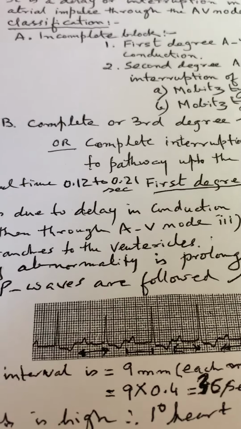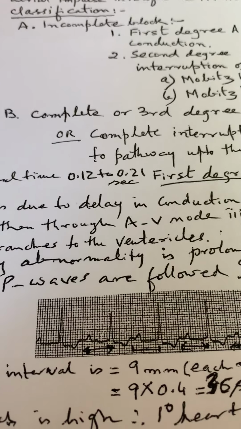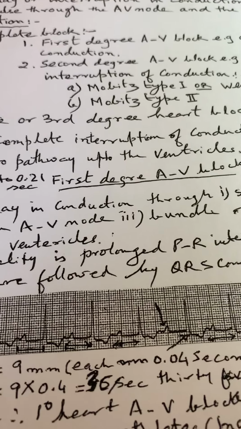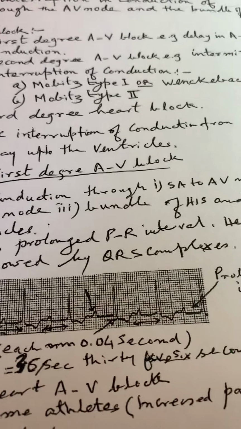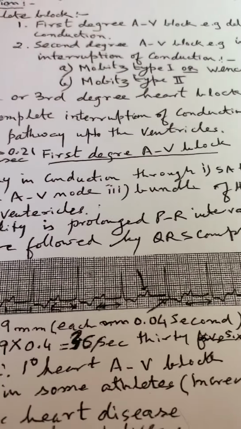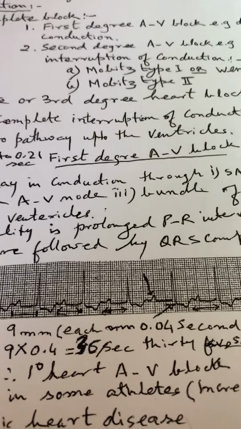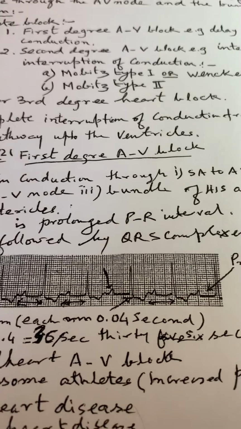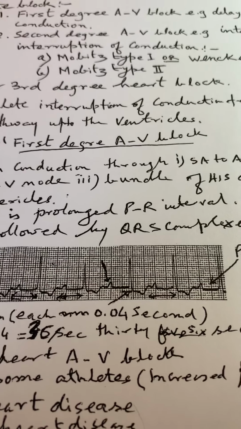It is divided into incomplete and complete. Incomplete is first degree heart block. Here there is a delay in AV nodal conduction. First degree block, there is a delay in the AV nodal conduction.